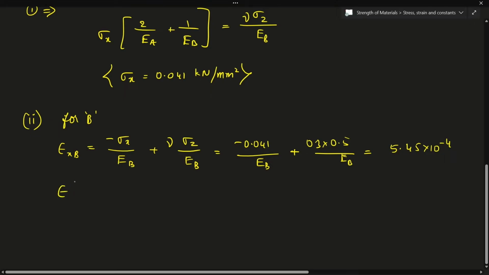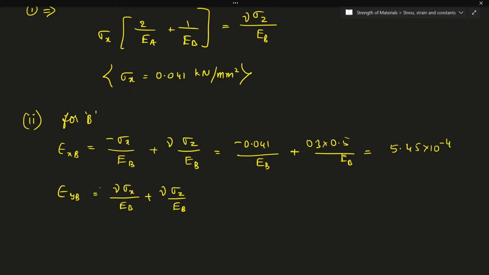Epsilon yb is again given by nu into sigma x divided by EB plus nu into sigma z divided by EB. Sigma z is compressive, so in the lateral direction I'm going to have the tensile force, that is in the y direction.